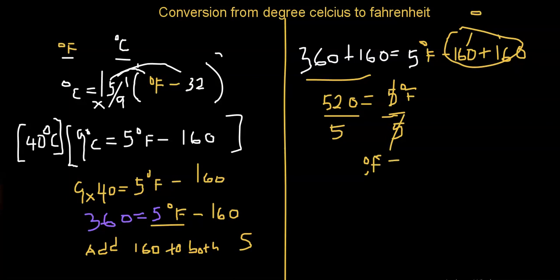Degree Fahrenheit is equal to 520 divided by 5. Sorry, don't mind my writing. 520 divided by 5 gives us what?